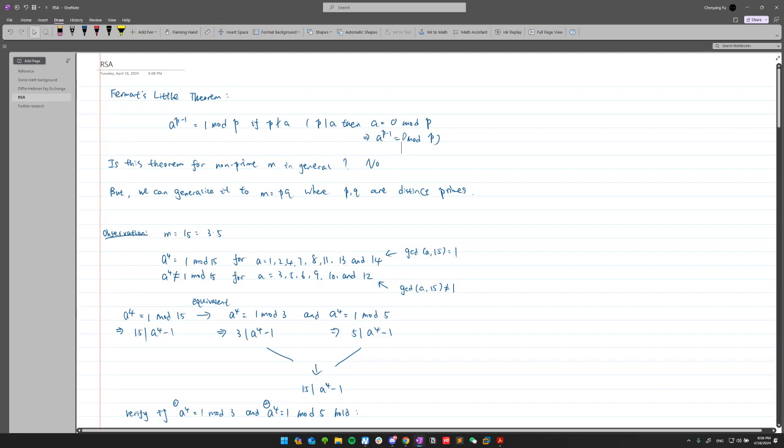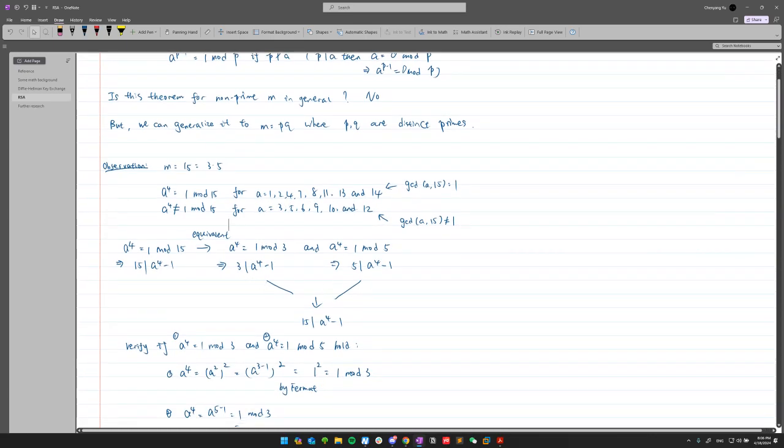About half of the elements satisfy this equation, and the other half do not. You can see a pattern here: when the GCD of a and 15 equals 1, so they are co-prime, you will have something similar to Fermat's theorem, but not for the others.